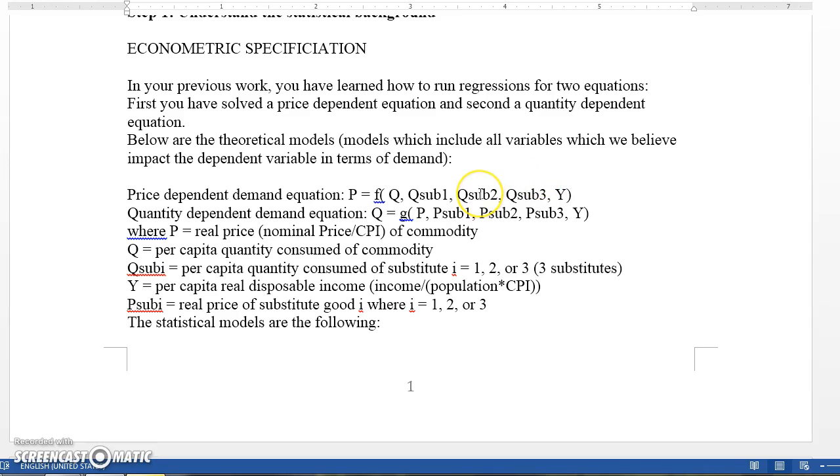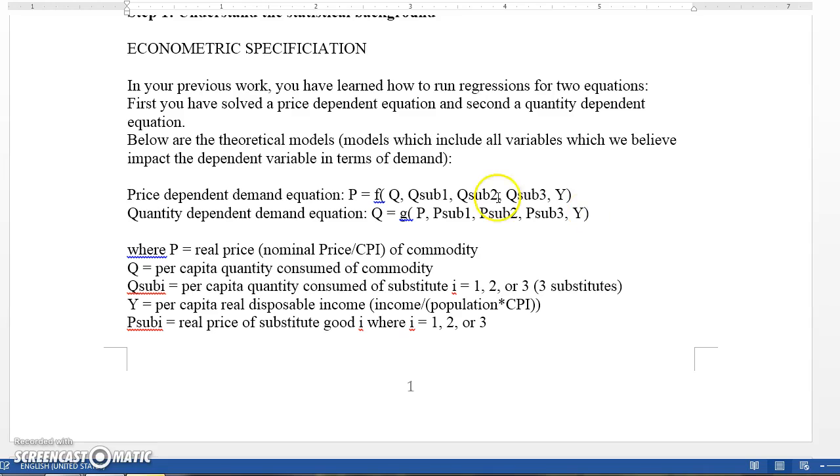In the previous online sessions and in class, I have gone through two important equations with you. The first one is a price-dependent demand equation, and we used a price-dependent demand regression to estimate this equation.